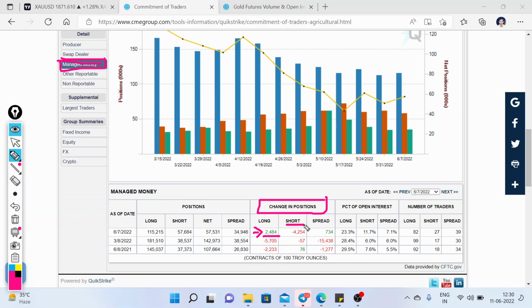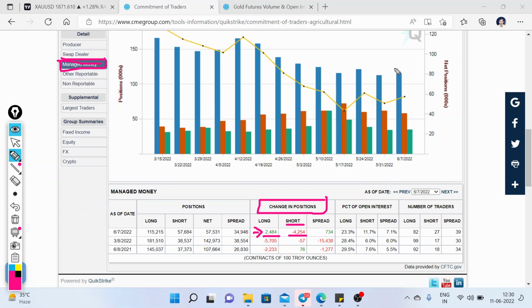In the short contracts, you can see they are pulling from their short position, or you can say they are covering their position. You can clearly see from this report that they are adding money in the long and pulling money from the short contract.